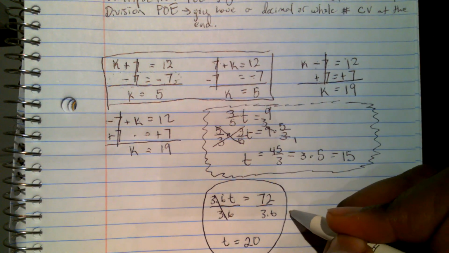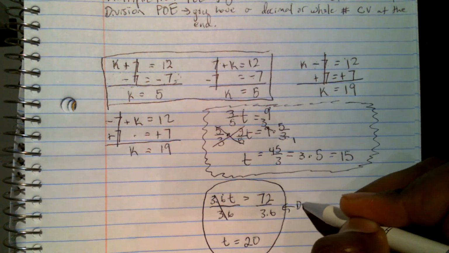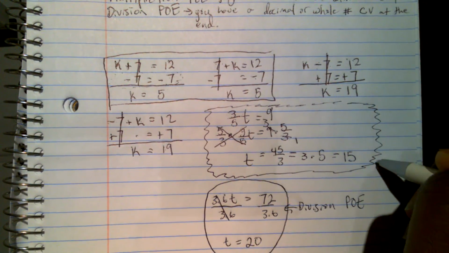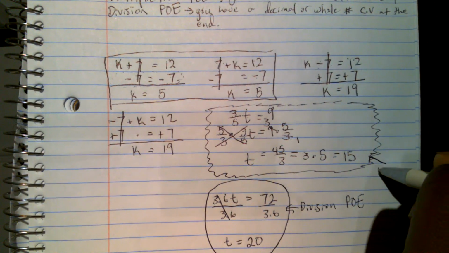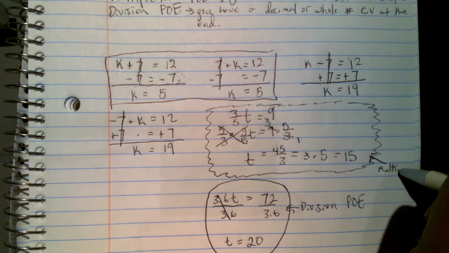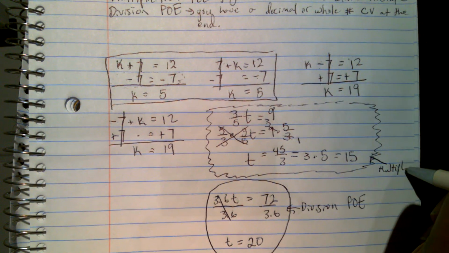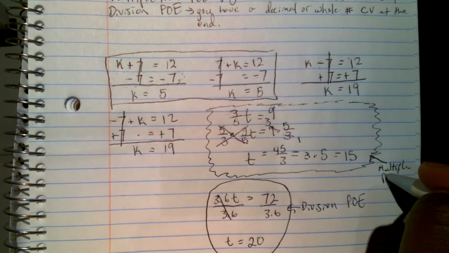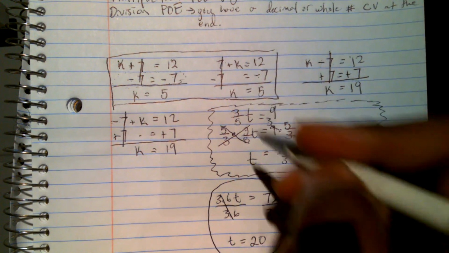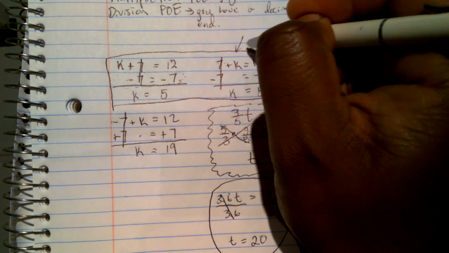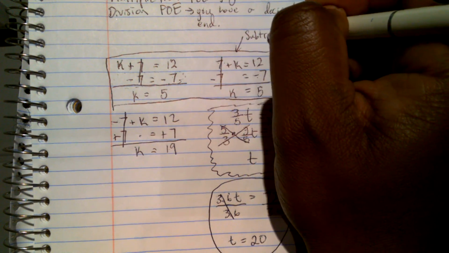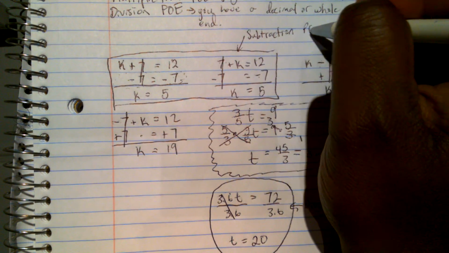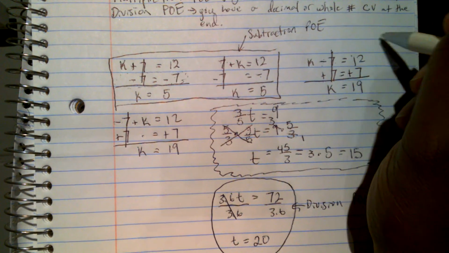So we have division, POE, we have multiplication, I know I'm running out of space, POE, we have subtraction, POE, property of equality, and then we have addition.